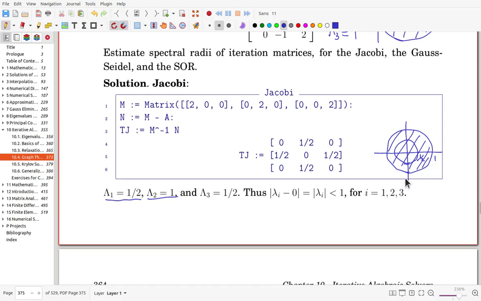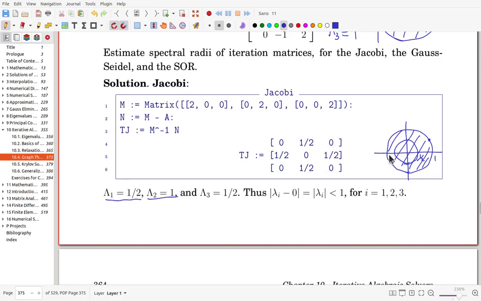Now, from the Taussky part, we can say that none of the eigenvalues can be on the boundary, because if it were an eigenvalue, then all circles would have to pass through this point. But it's not happening that way. So boundary points cannot be an eigenvalue of the iteration matrix of the Jacobi method.